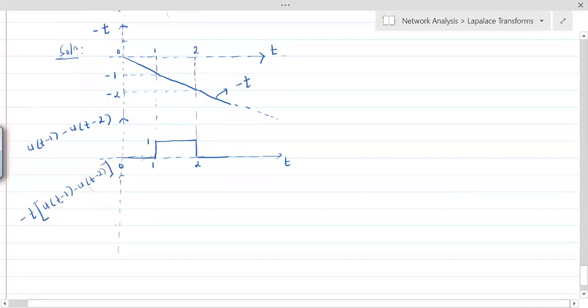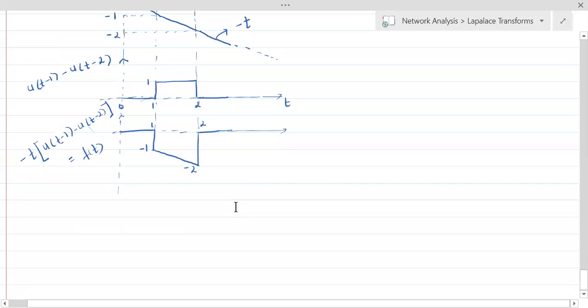If you do this, you will end up getting this. What is this? This actually is your f of t: 1 minus 1, 2 minus 2, and everywhere else it is 0.